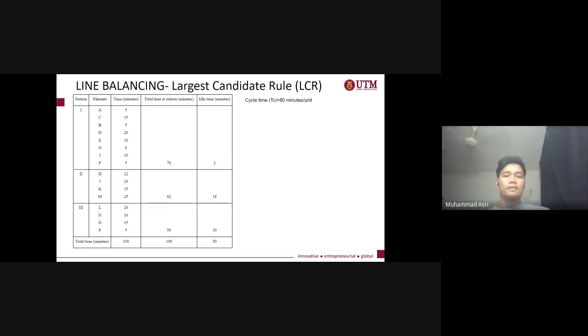And lastly, station 3, the total time is 50 minutes, and the idle time is 30 minutes. So the total time for the overall process is 190 minutes, and the total idle time is 50 minutes.